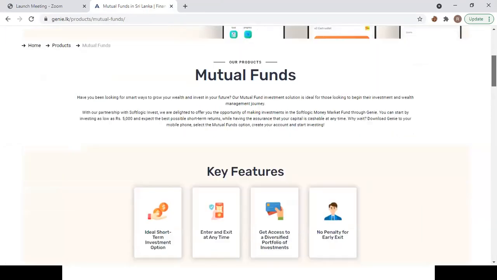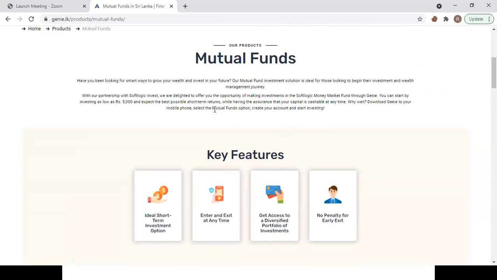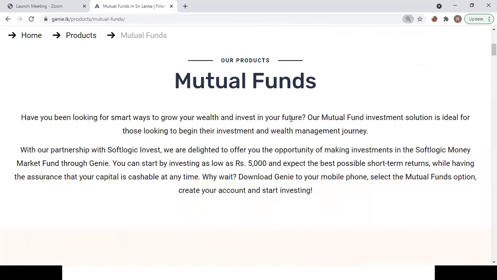Here, mutual fund. Have you been looking for a smart way to grow your wealth and invest in your future? Mutual fund investment solution is ideal for those looking to begin their investment and wealth management journey. Here, Softlogic Investment, right?